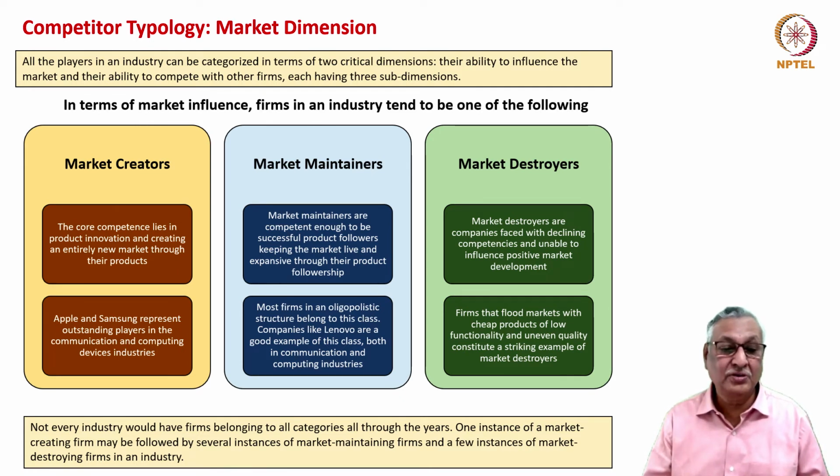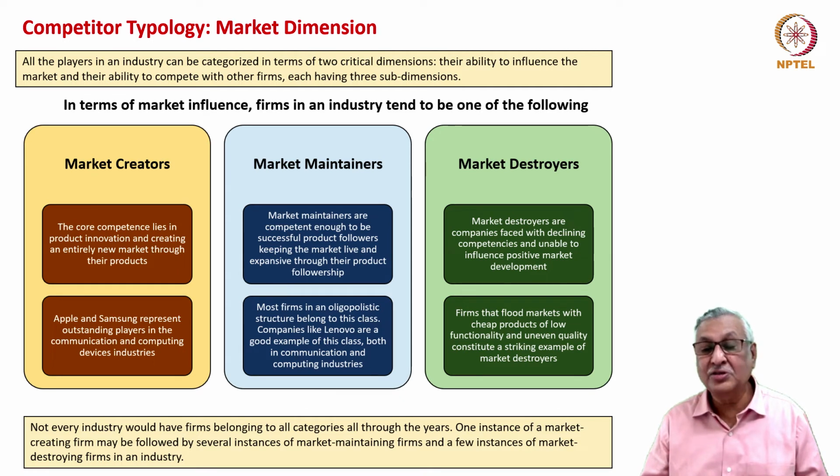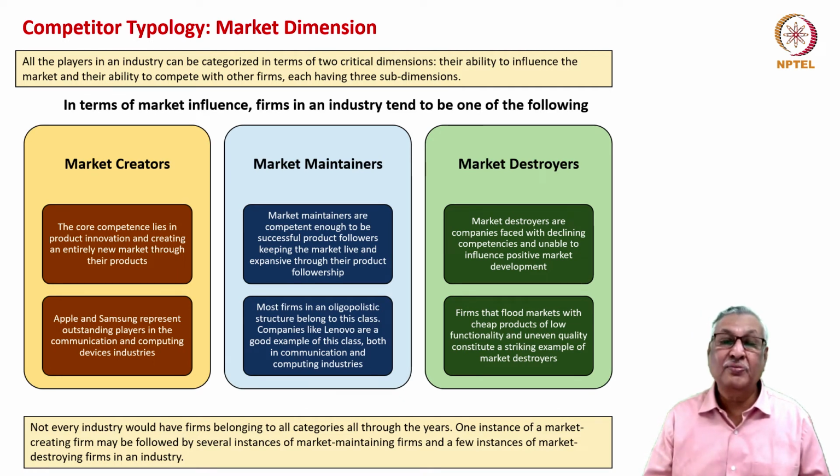Not every industry would have firms belonging to all the categories all through the years. It is, for example, impossible in the computer industry or in the smart device industry or even in the white goods industry to have substandard technologies or substandard approaches to product development. But it could well be possible in the FMCG industry because the demand is so diffused and it may become very difficult to link a product to technological strength.